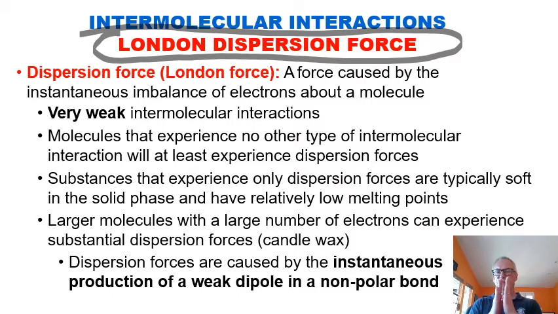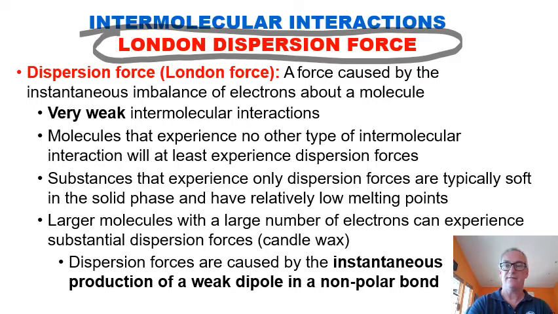and basically, if they come into contact with each other, there can be an instantaneous production of a very small dipole because molecules or atoms or electrons are constantly moving around, right?